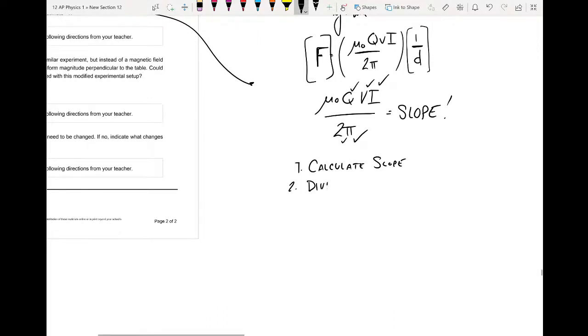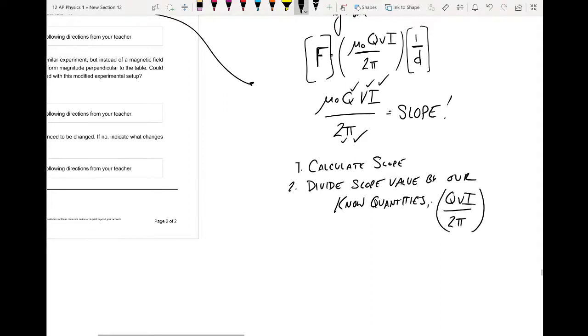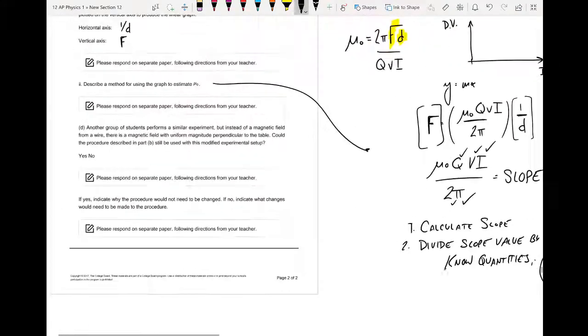So we can say divide the value of the slope by our known quantities, Q, V, I, divided by 2 pi. If we divide our value of slope by this, we will pop out with just mu naught.